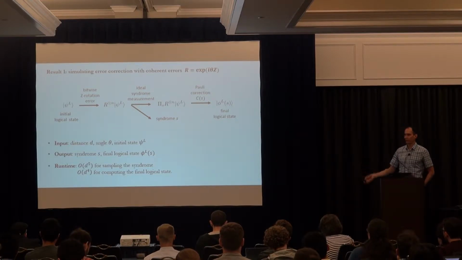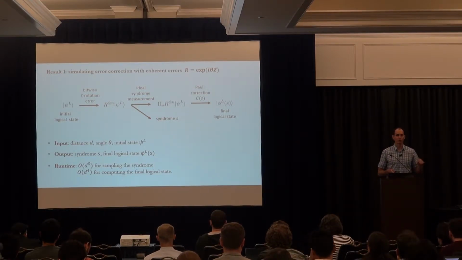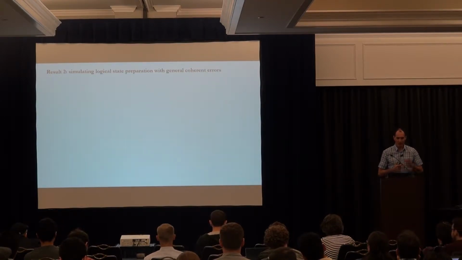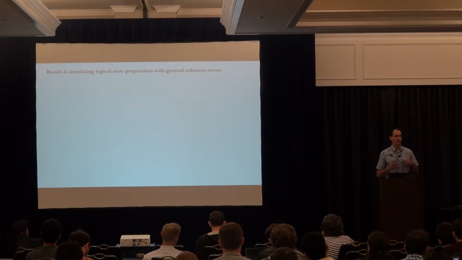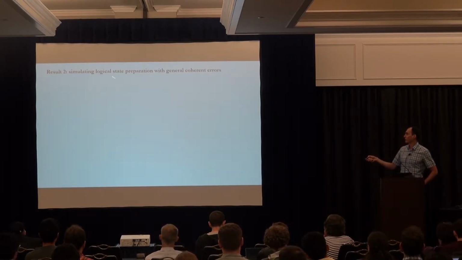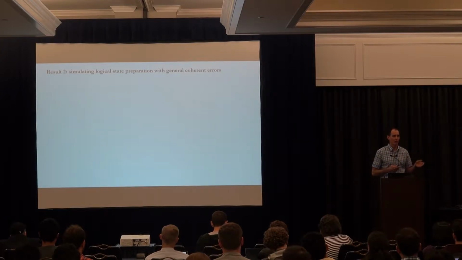Basically, it's d to the fifth power. And I will show you some numerical results later on. Now, we cannot simulate general coherent errors described by SU(2) operators, but we have some partial results for simulating logical state preparation.